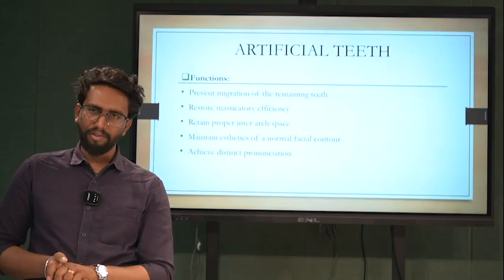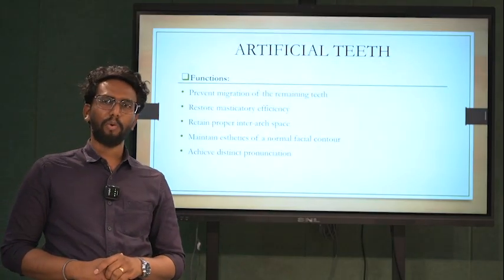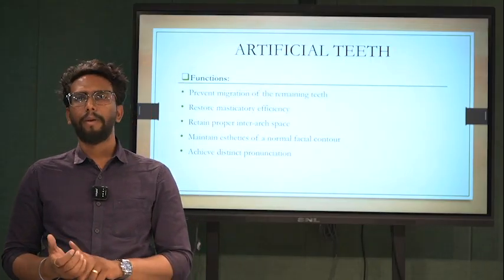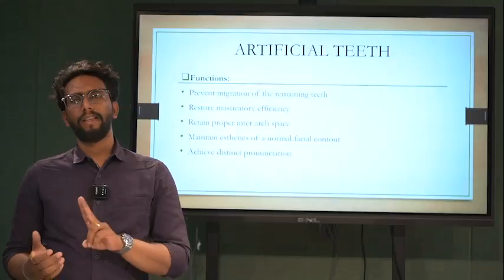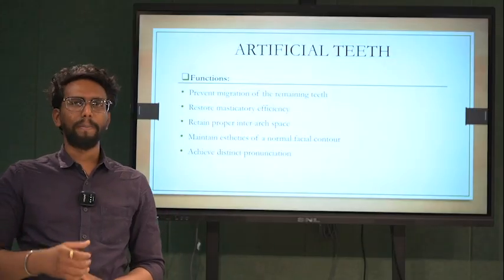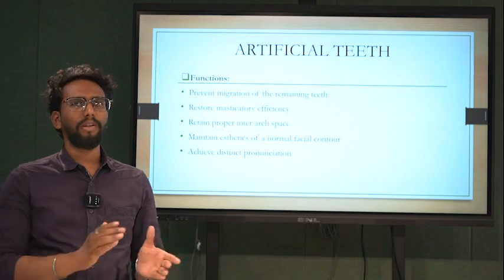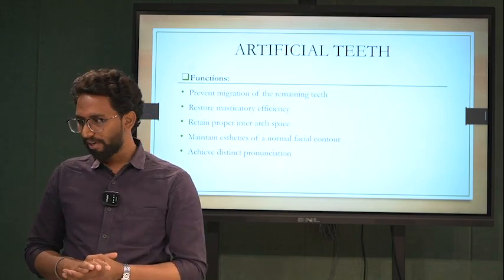By replacing artificial teeth, we restore the main primary function, which is the masticatory function. Second is phonetics. By replacing anterior teeth, we improve the aesthetics as well as the speech of a patient.